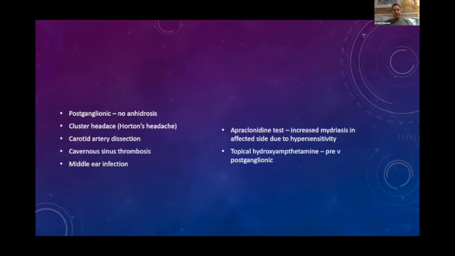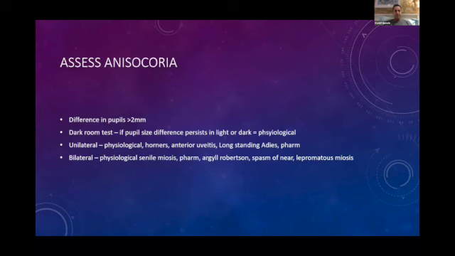Postganglionic, they generally get no anhidrosis, but they can get cluster headaches, carotid artery dissections, and these are the ones that you can test with apraclonidine, which causes an increased mydriasis due to hypersensitivity. I don't know if anyone's got access to hydroxyamphetamine anymore, but you could use that to determine whether it's pre or postganglionic, but I don't think that's relevant now.